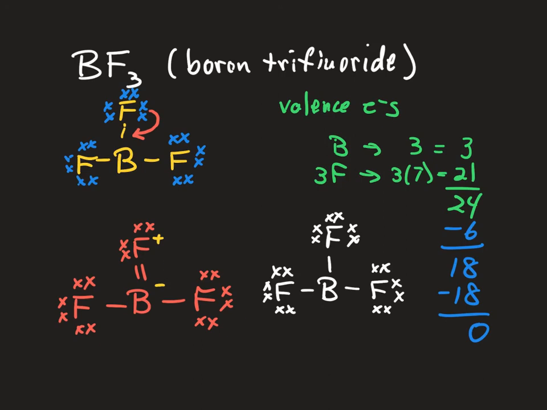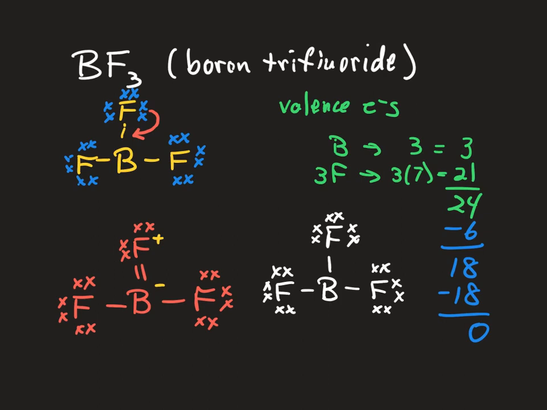So here's our question. Do we accept formal charges so that the central atom gets an octet, or do we leave the central atom without an octet so that none of the other atoms have formal charges? Well, here's the issue. Fluorine is a very electronegative atom. Electronegative atoms, if they have to have formal charges, would prefer those formal charges be negative.